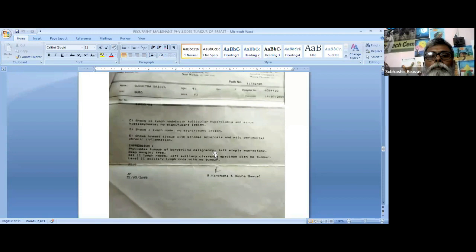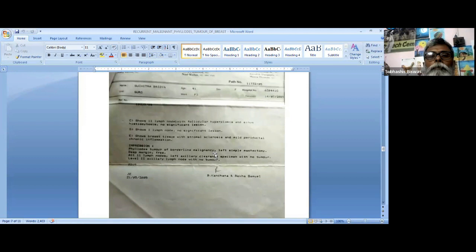This means it is a rare case of breast tumor which starts as benign, but after that transformed into borderline malignancy and malignant itself. Earlier, I was telling that there are 3 categories of phyllodes tumor found up to now: benign, another is borderline, and another is malignant.